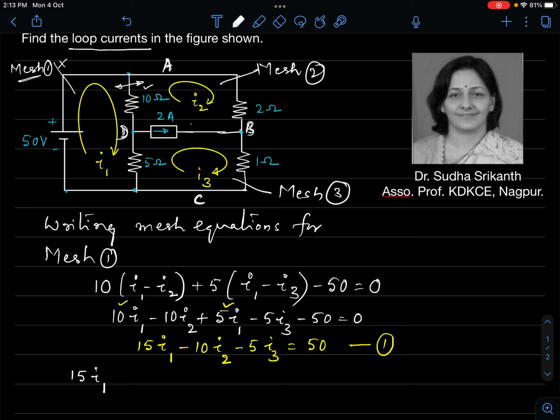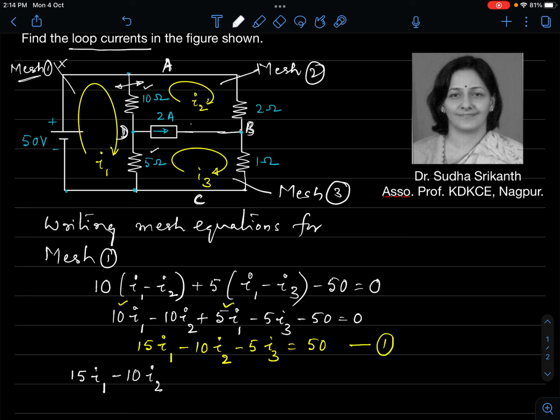So when we write the first equation, this common resistance is given a negative sign, minus 10I2, provided the currents are taken in the clockwise direction. All the currents are taken in the clockwise direction. That you have to remember. Now what is common between the first mesh and the third mesh?